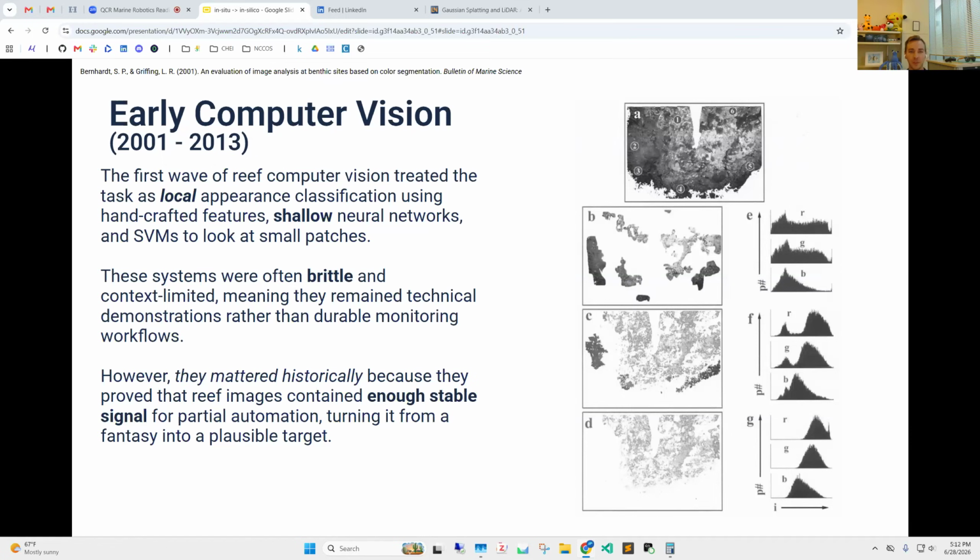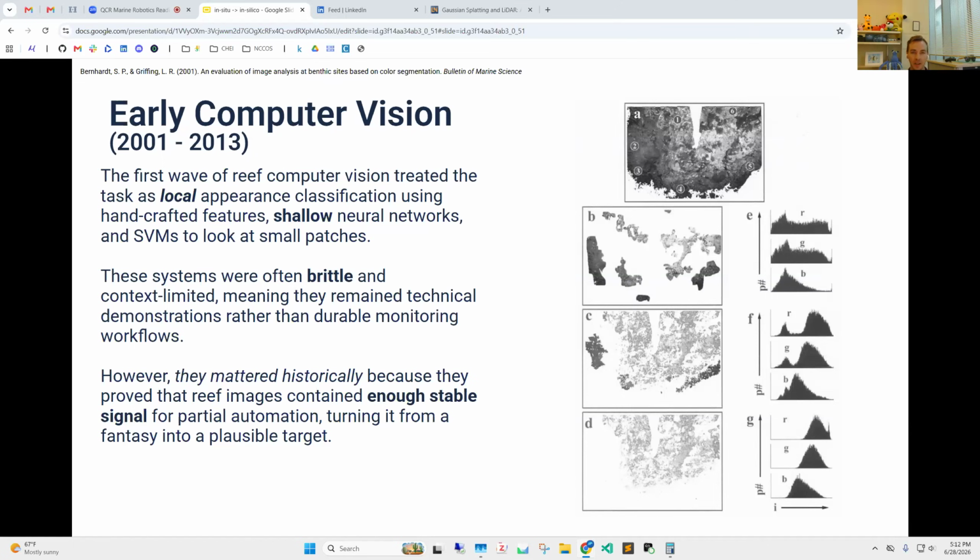But of course, these early systems didn't really see the reef the same way that humans do, nor do they now. Not really. We're still trying to get there. Instead, they looked at tiny isolated patches, heavily relying on handcrafted color and texture features.